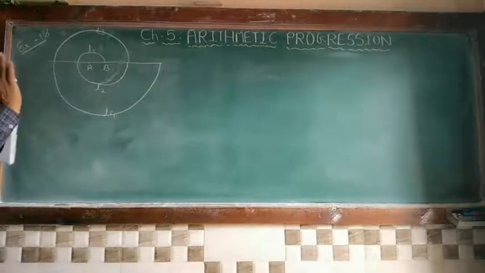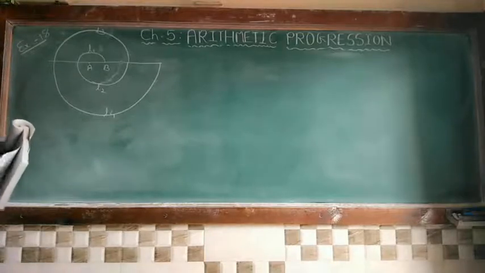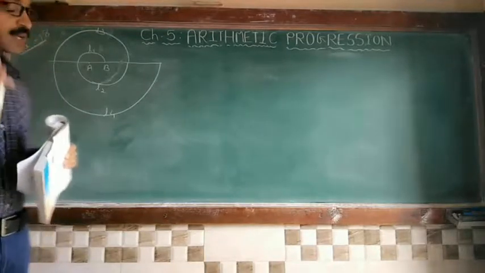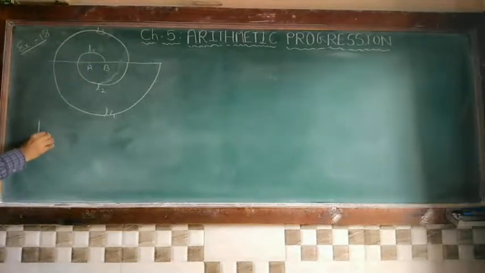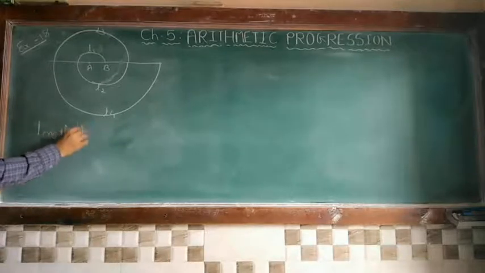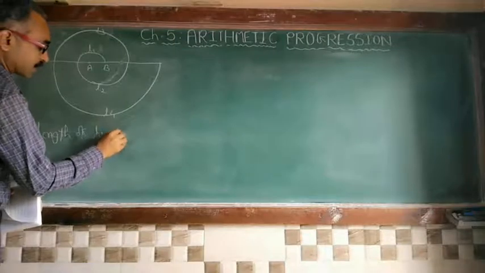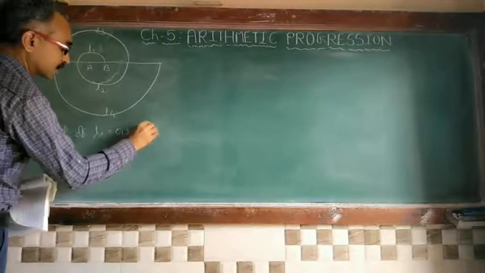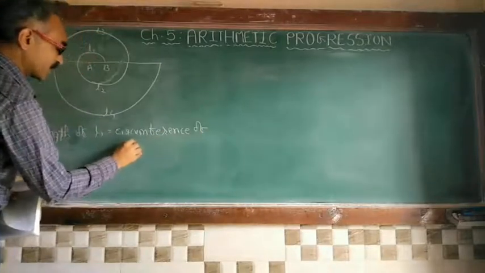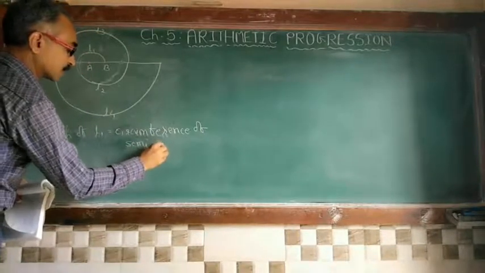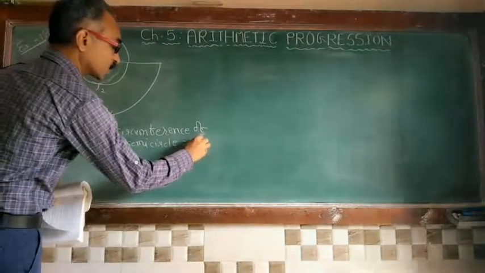Now see, we know that the circumference of a circle is 2 pi r. We are given semicircles. Okay, so the length of L1, that is the circumference of a semicircle, is equal to 1/2 into 2 pi r.